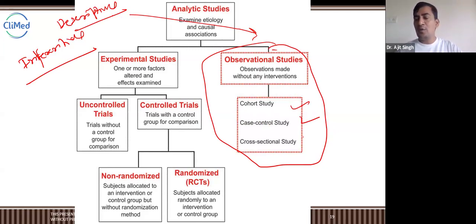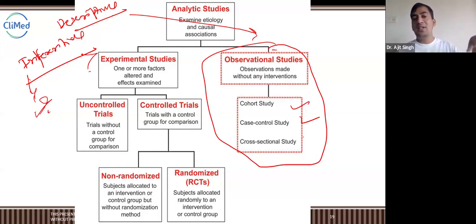Those tests are applied here, along with prevalence, incidences, chi-square test. So this is called descriptive study. But when we go to inferential, here you will find the multifactorial or multilinear regressions, linear regressions, all these things in the experimental studies, right?